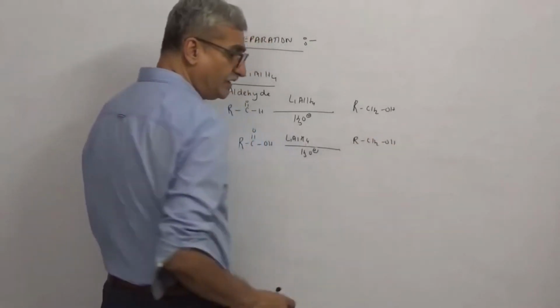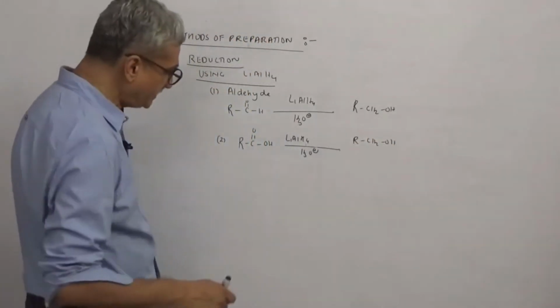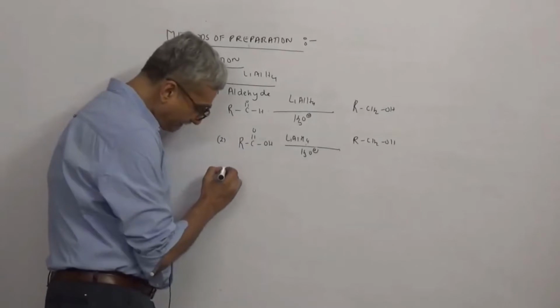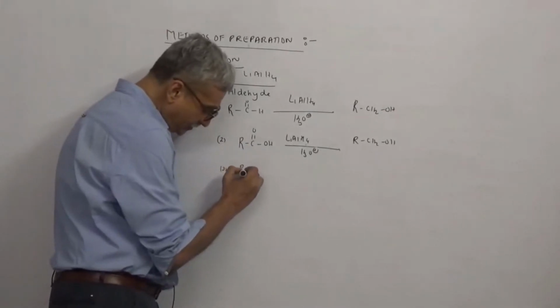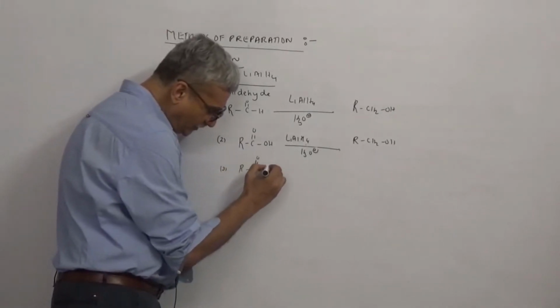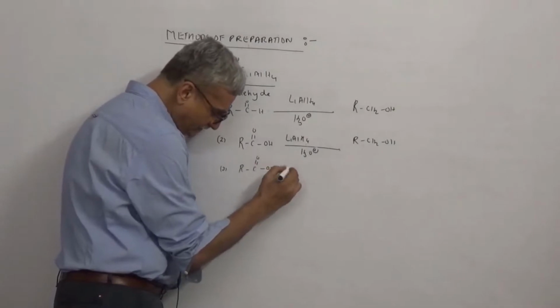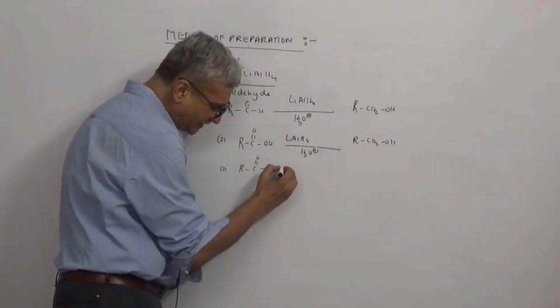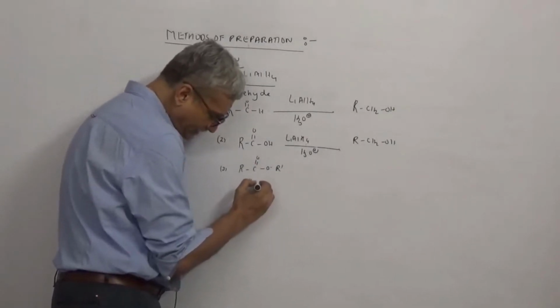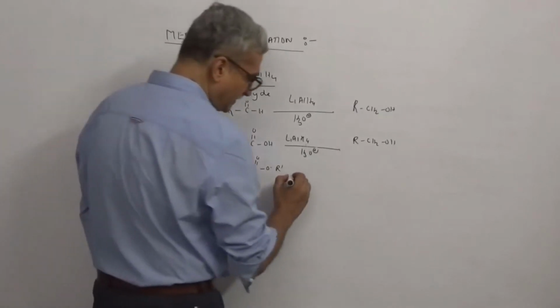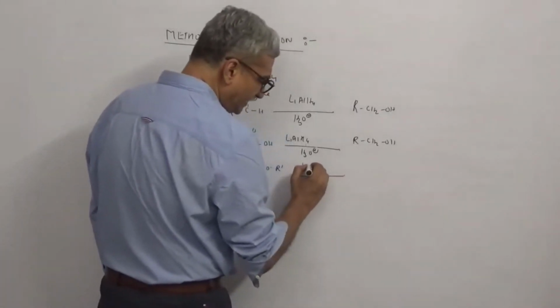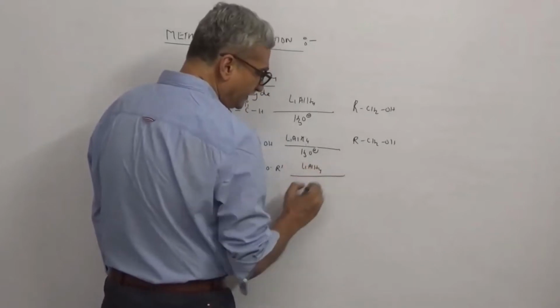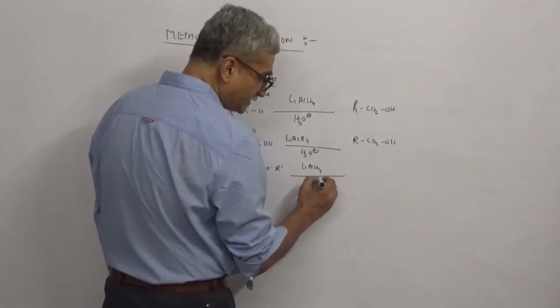So you will get RCH2OH. But a far easier method is to take an ester, RCOOC2H5, or RCOOR', and treat it with lithium aluminium hydride. This is a faster reaction.